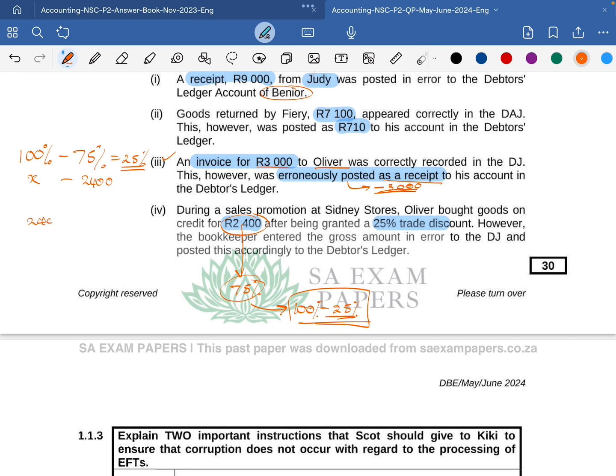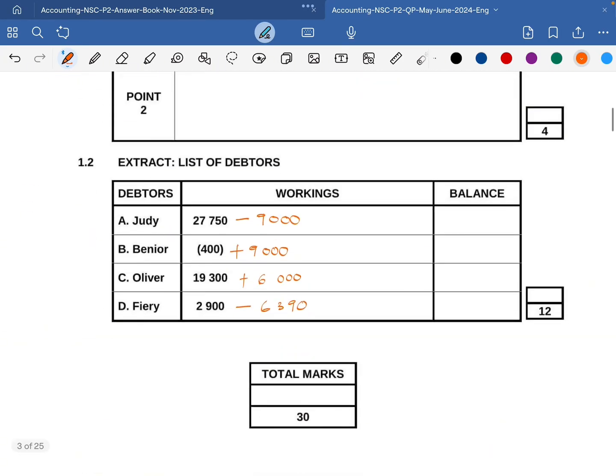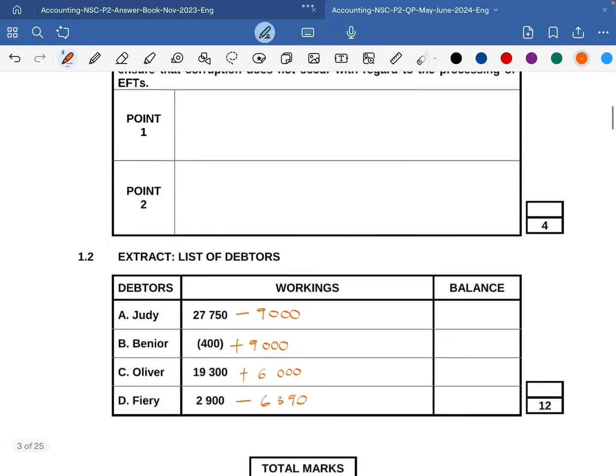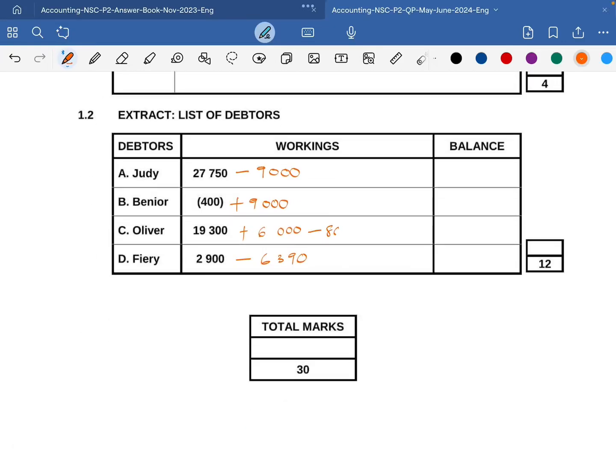We have 2,400, and then we're going to say multiplied by what we want over what we know. So that's 2,400 multiplied by 100 over 75, which is 3,200. That's our 100. Now to get the 25% that we're looking for, we're going to take the 3,200 minus the 2,400, which then gives us 800. Now we're going to take the 800 and subtract it from Oliver, minus the 800.